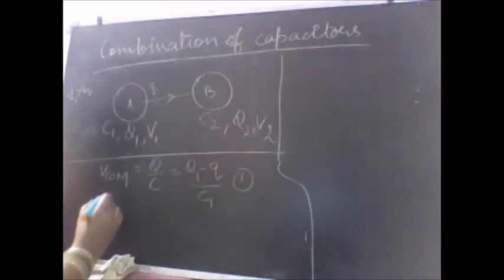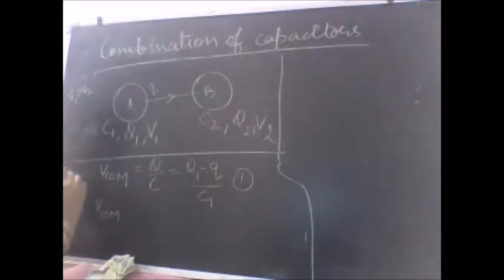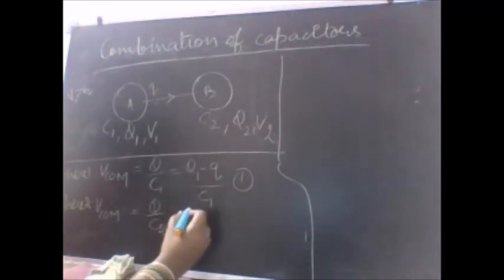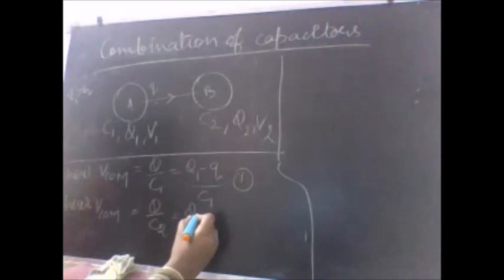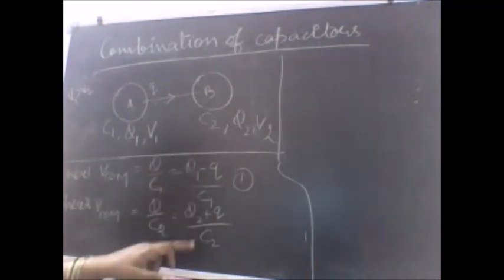In the same way I can write down for sphere 2. This is for sphere 1 and this is for sphere 2. So V common is equal to Q by C. Let me write here C1 and this is C2. So this charge is the final charge. So it is Q2 plus small q divided by C2. And is it that the potential should be the same? Left hand side should be the same, the right hand side should also be the same.